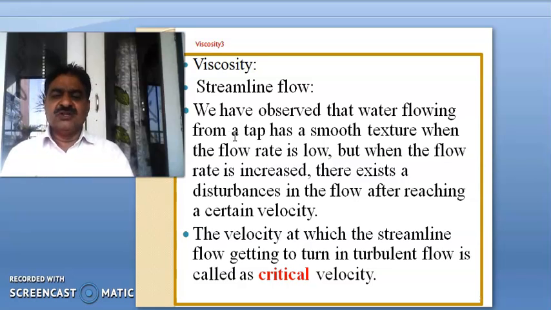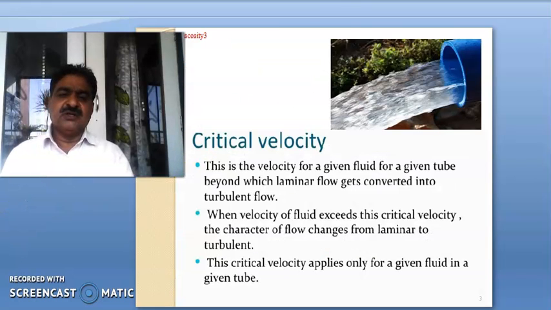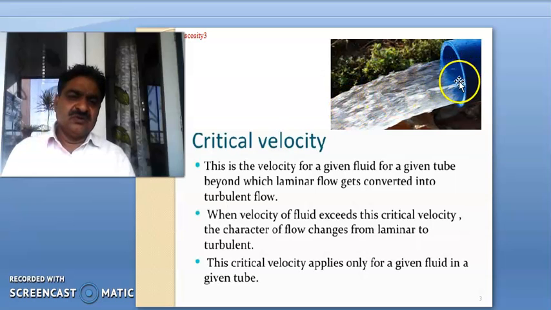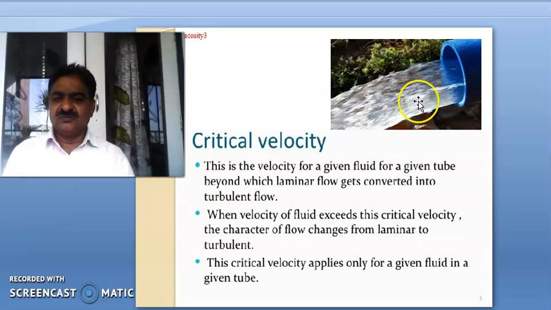So this velocity is said to be critical velocity. You see here a pipe. Water is flowing through this pipe, continuously flowing. Here different layers you are going to observe. This is a streamline flow.